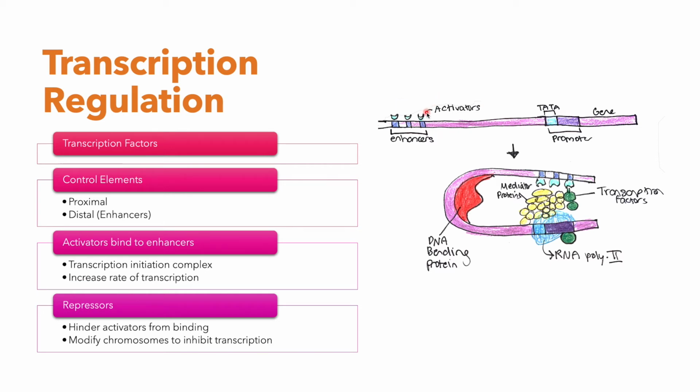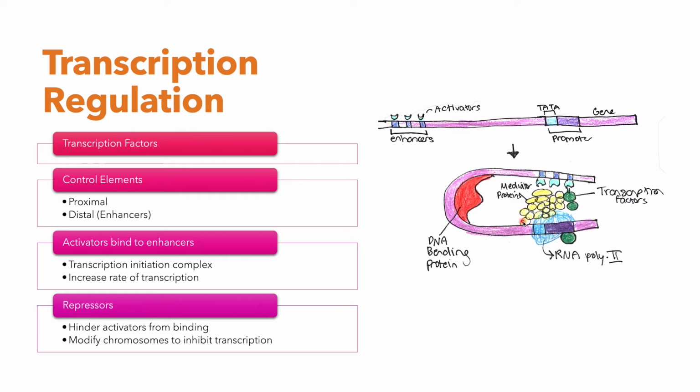Once activators bind to enhancers, a DNA-bending protein brings activators to the promoter site. Other transcription factors and mediator proteins come together at the promoter and help RNA polymerase II bind to the initiator site.